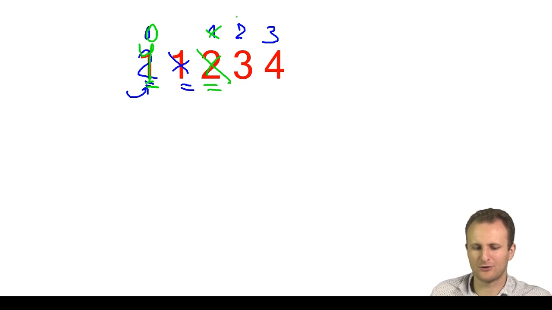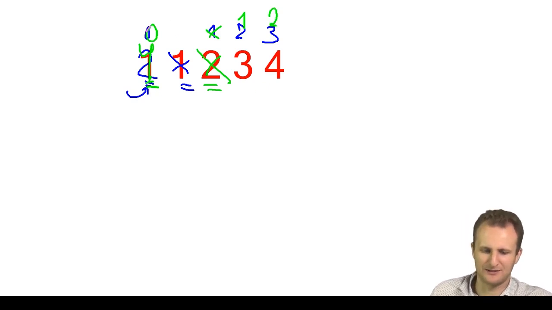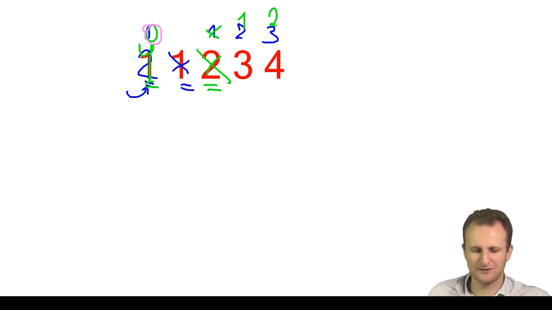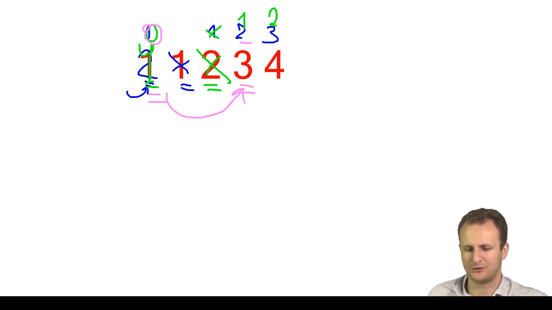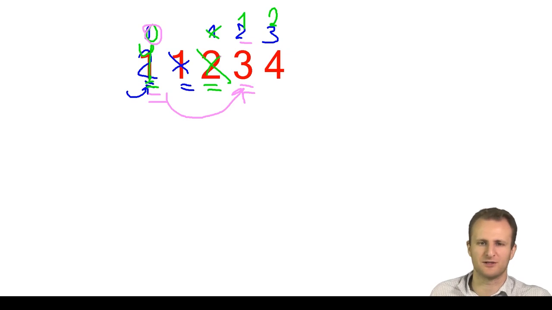Index 1 becomes the number 3, and index 2 becomes the number 4. And now I check again. I'm still at index 0. Is the 4 at index 0 equal to the 3 at index 1? Well, it isn't. In that case, I move on. I change my index to the new index 1, I do i++.